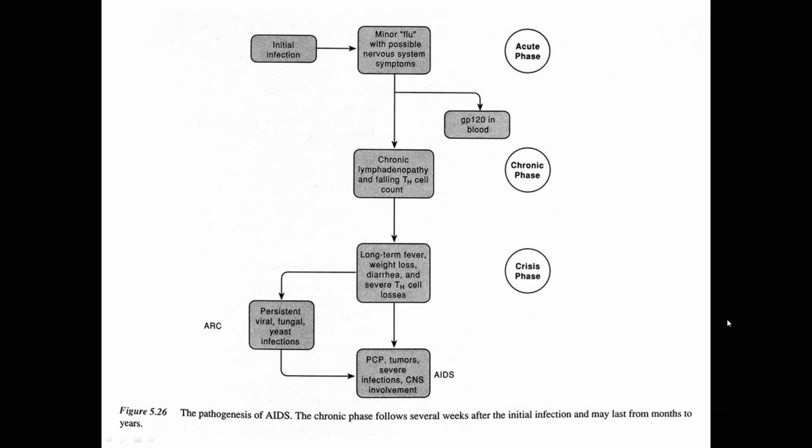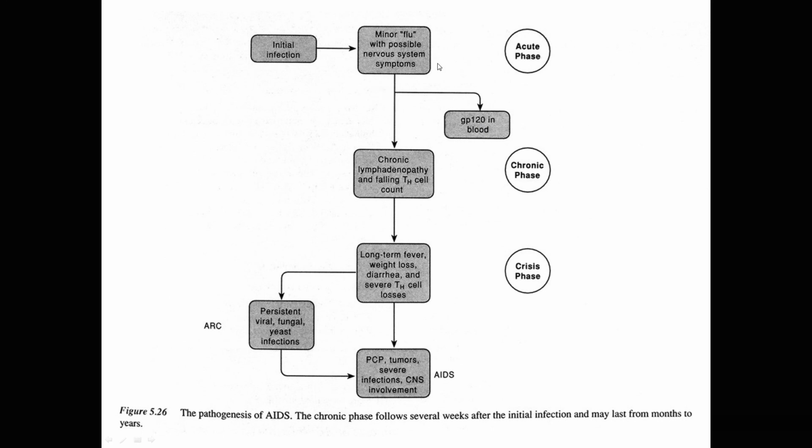Now, the outcome of the infection. After the initial infection, there is a latent period followed by an acute phase. This is the phase in which the patient becomes seropositive. The glycoprotein 120 is present in the blood.